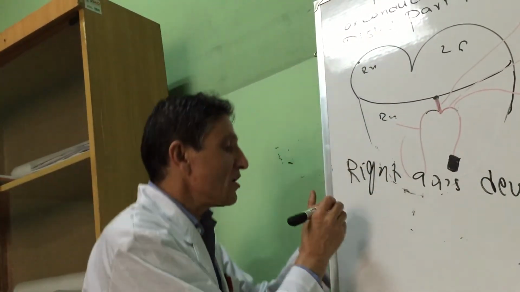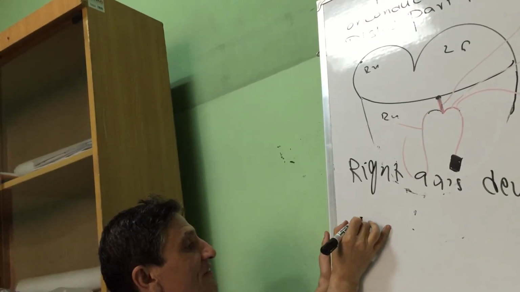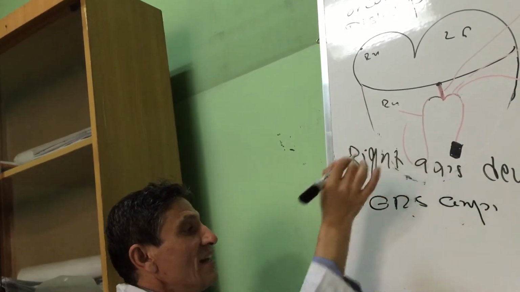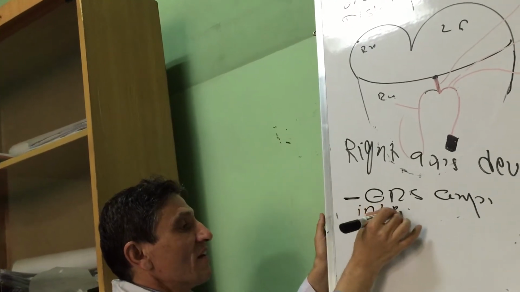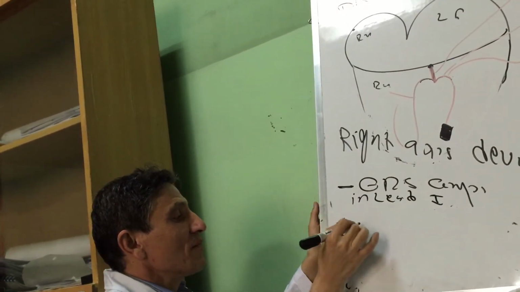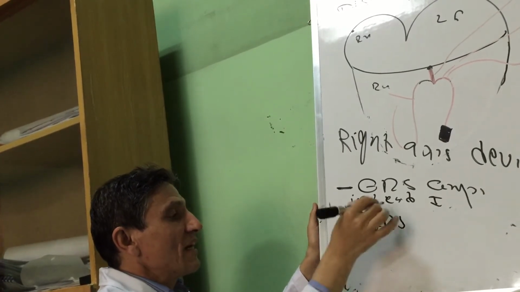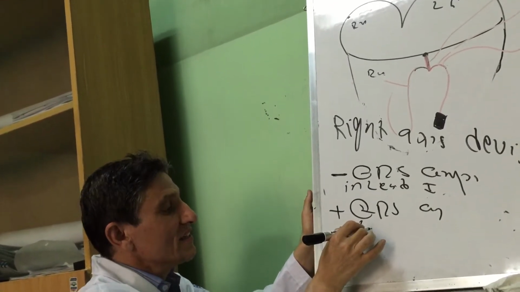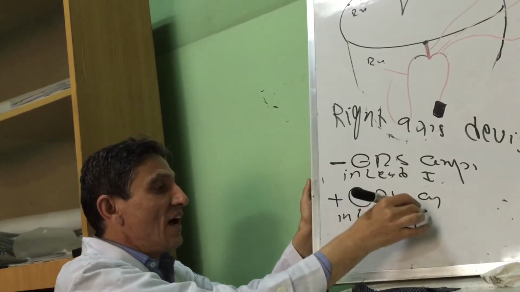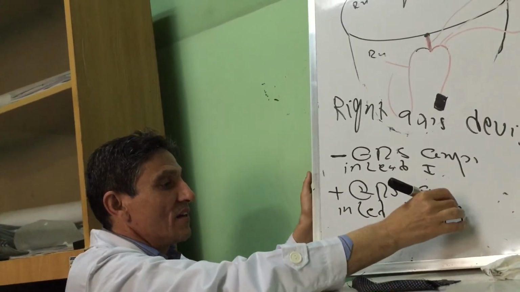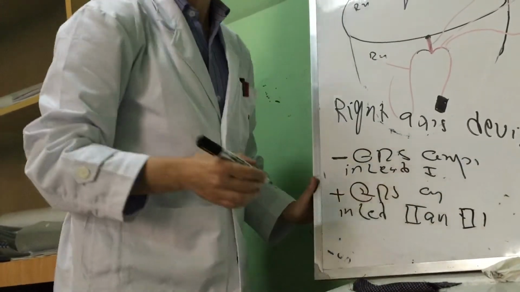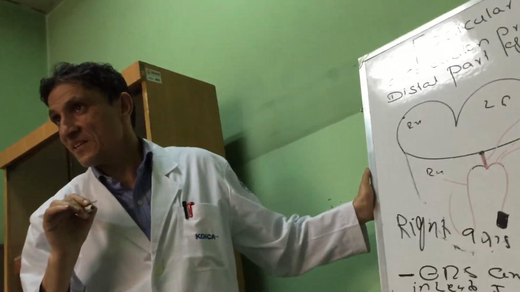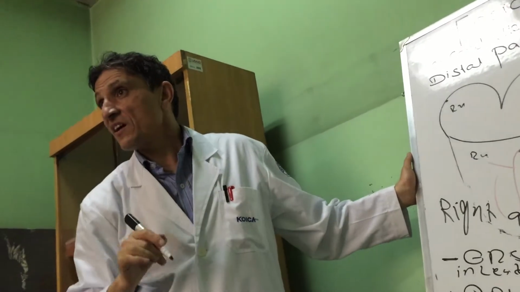This patient has a positive, negative QRS complex in lead 1 and a positive QRS complex in leads 2 and 3, because when we are studying the axis, we should look at 3 leads: lead 1, lead 2 and lead 3. Later on we will discuss the cardiac axis in detail.